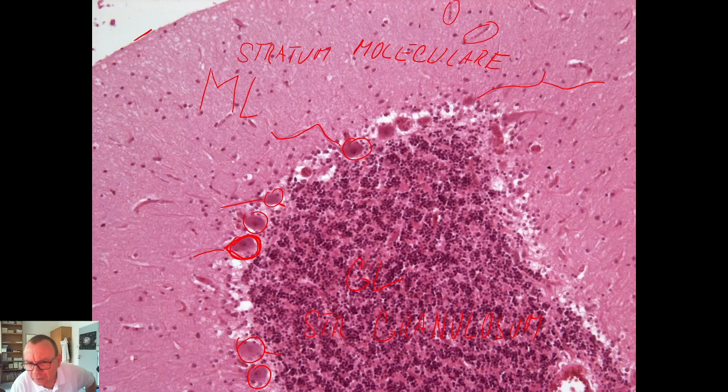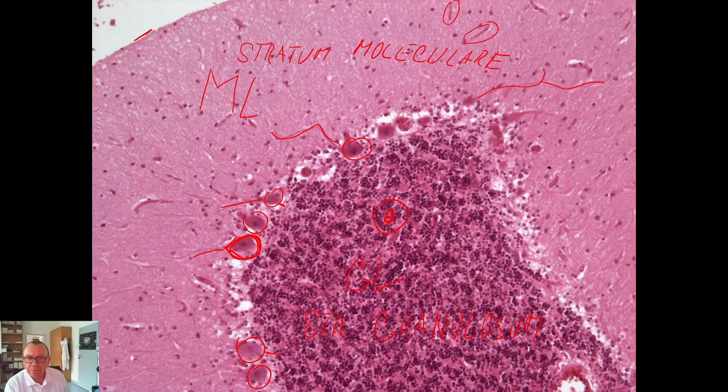Most cells are accumulating in groups. These groups, composed of small granular neurons, are called cerebellar glomeruli. A typical cerebellar glomerulus is, for example, this group of small granular neurons having an eosinophilic central field, where mostly synapses with mossy fibers take place.